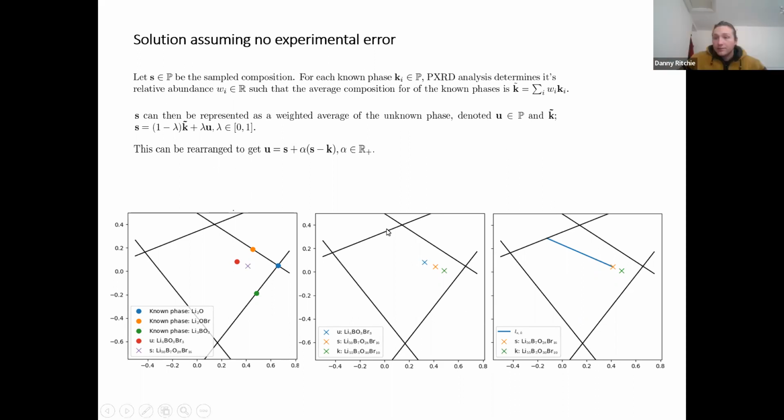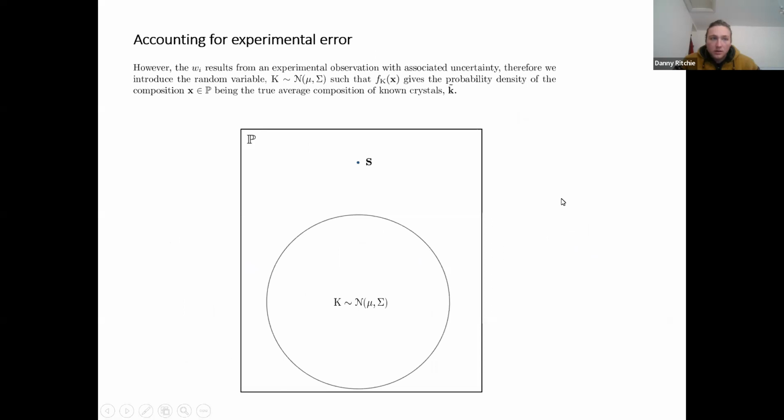Thank you. So, assuming no experimental error, because of the weight fractions returned from the PXRD analysis, we know that the new phase, the unknown phase, will lie somewhere on this blue line. Unfortunately, there is lots of experimental error, and the weight fractions are not accurate.